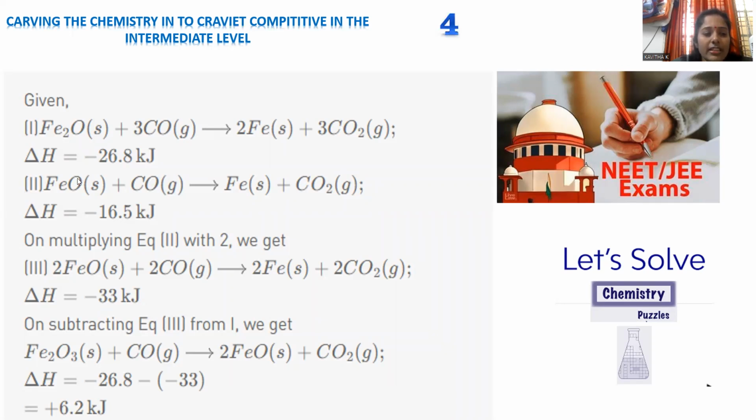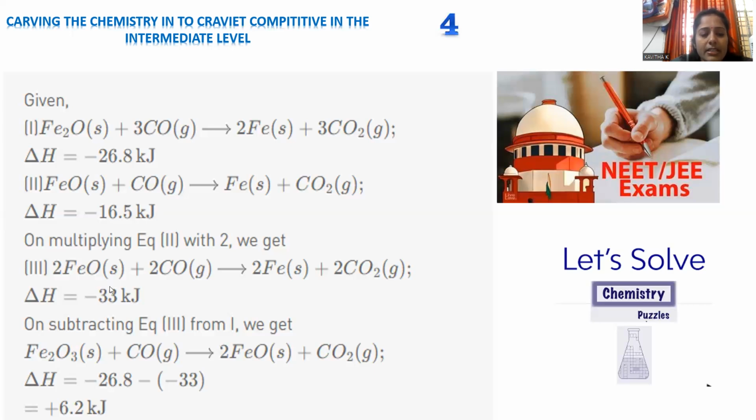If we take the second equation and multiply it by 2, FeO plus CO becomes 2 FeO plus 2 CO giving 2 Fe plus 2 CO2, right? So for this reaction, we have to multiply the delta H value also by 2, so that 16.5 will become minus 33 kilojoules, right?